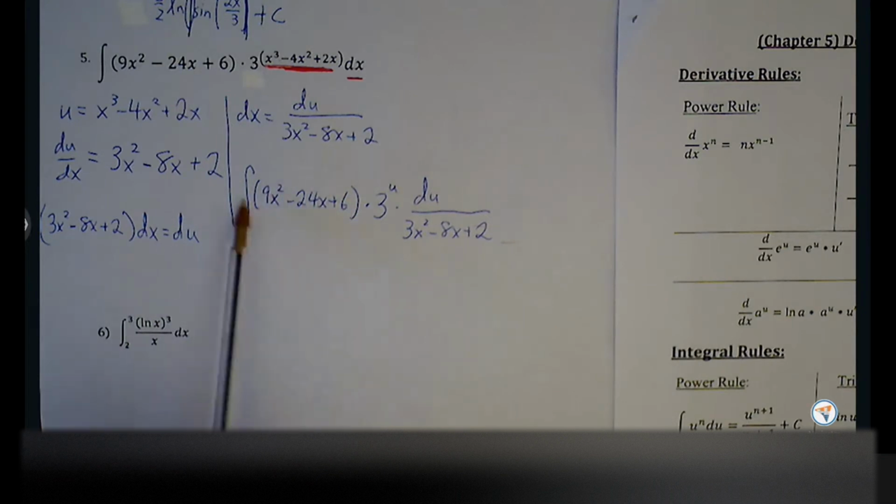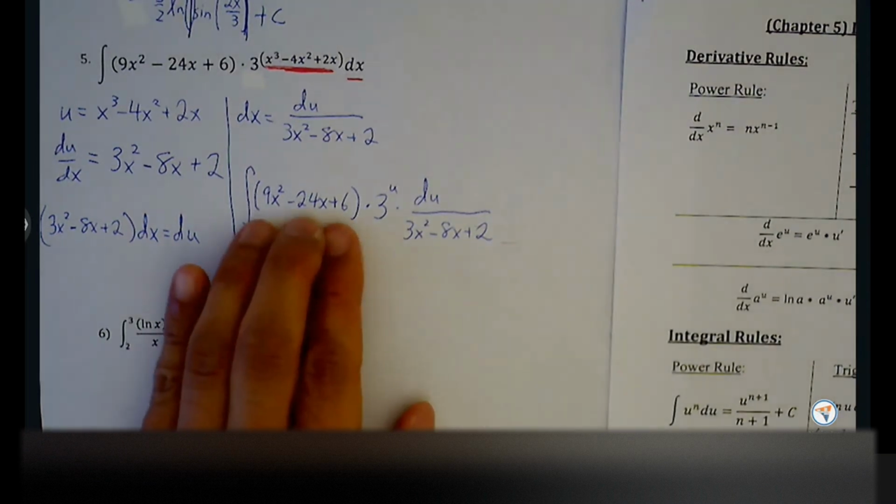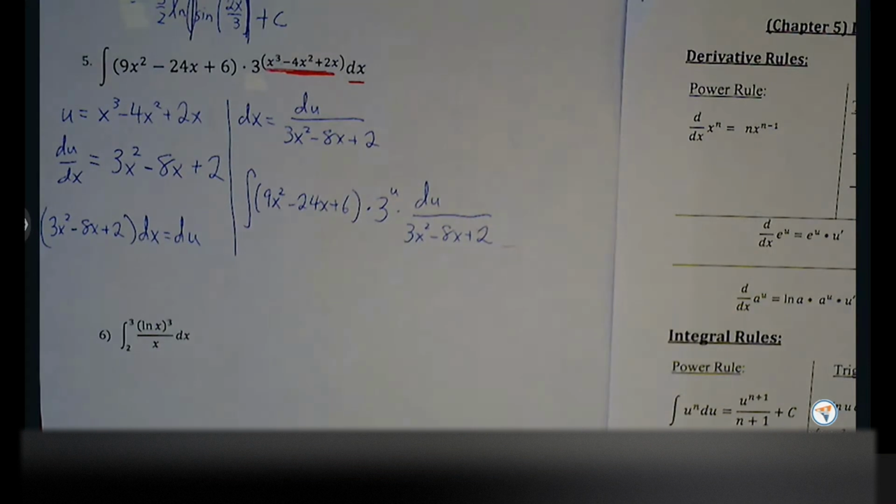What can I do with this to make this look a little bit different? What about factoring? Is there anything I can do in terms of factoring here? Factor by 3.